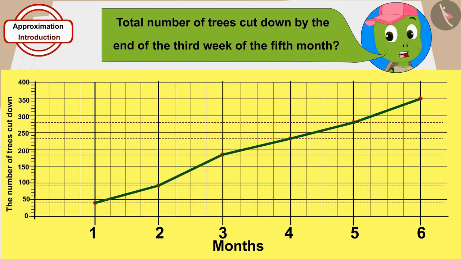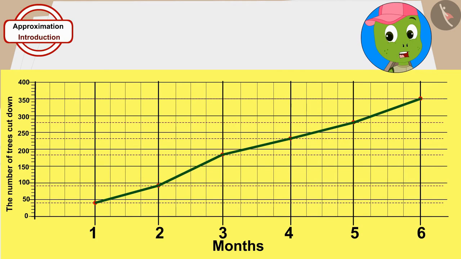How do I estimate the total number of trees cut down by the end of the third week of the 5th month? I will connect these points of the 4th and 5th months in a straight line.